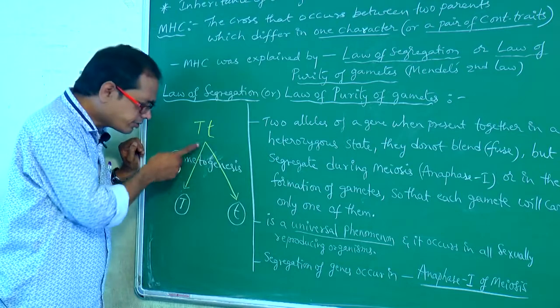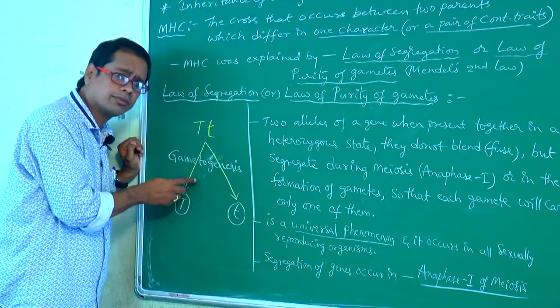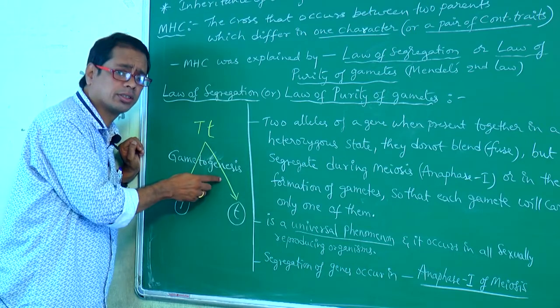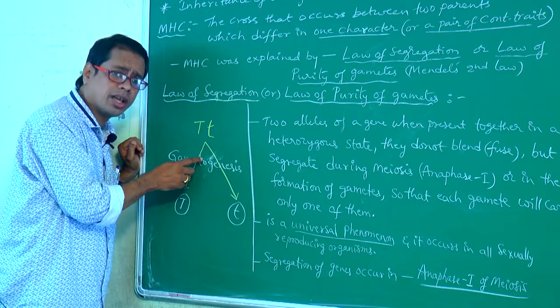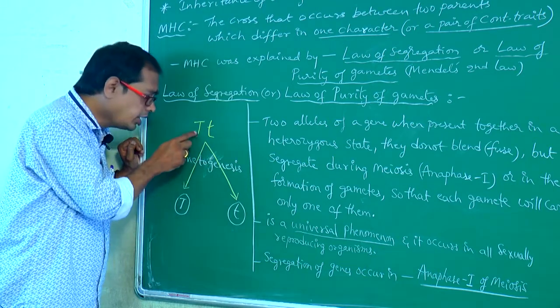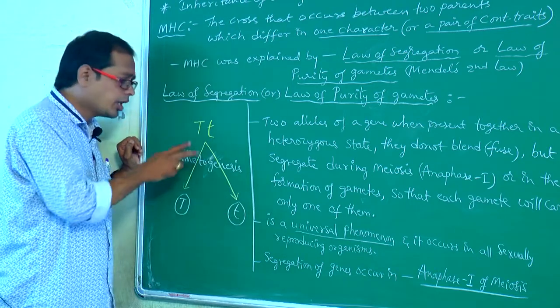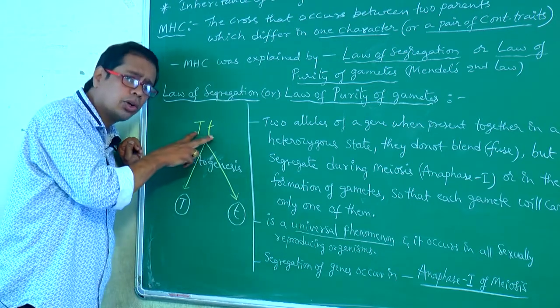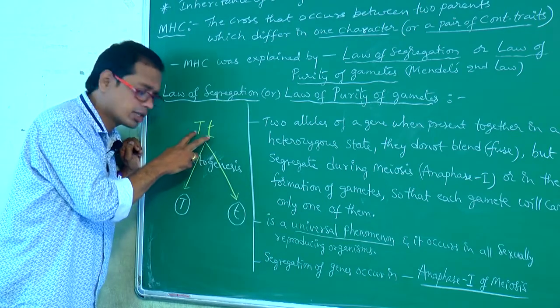They segregate. Segregate means separate. They segregate during gametogenesis, that is, in the process of meiosis, or in the formation of gametes. Each allele enters into each gamete. See how many alleles are there? 2 alleles are there. These 2 alleles are in homozygous or heterozygous?